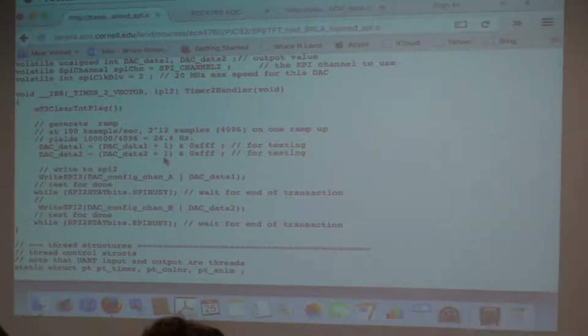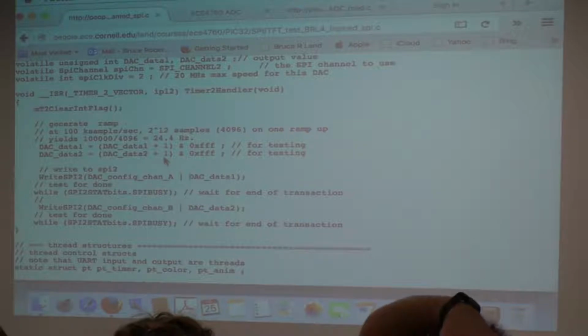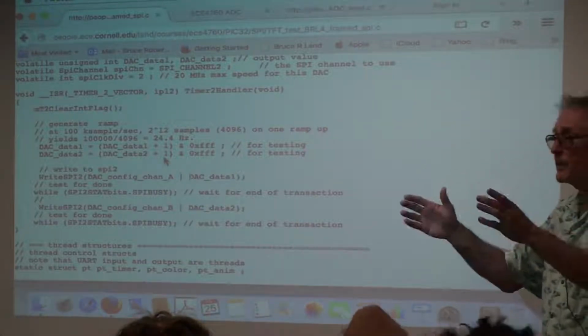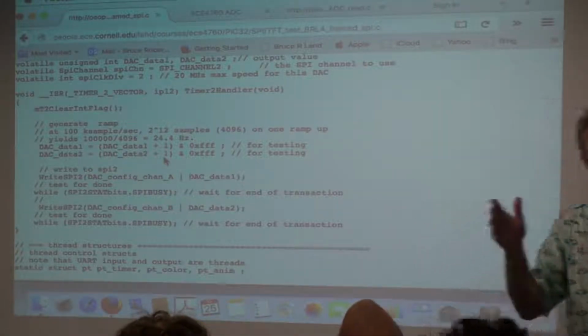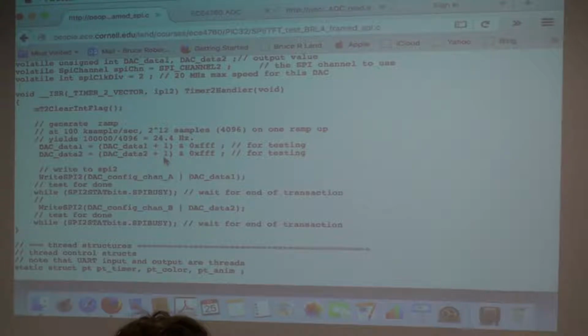So the table will send 2 bytes. The SPI will notice that the 2 bytes are sent, toggle the chip select line, the transaction will happen to the DAC, sound will come out, and then the system will sit there until the next timer tick, which causes a transfer of 2 bytes from the table to the SPI, and the next value comes out.